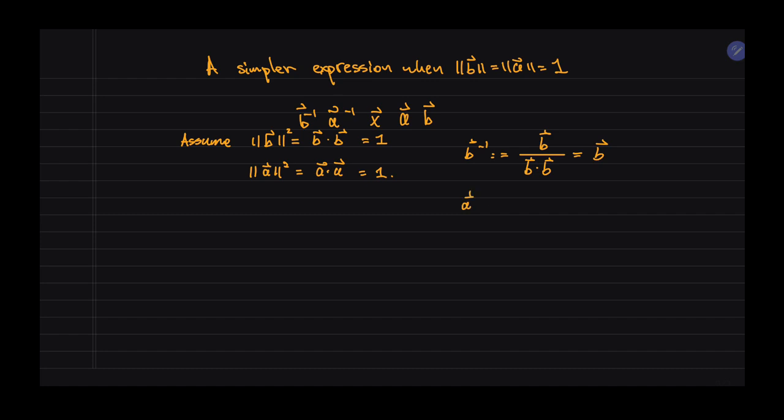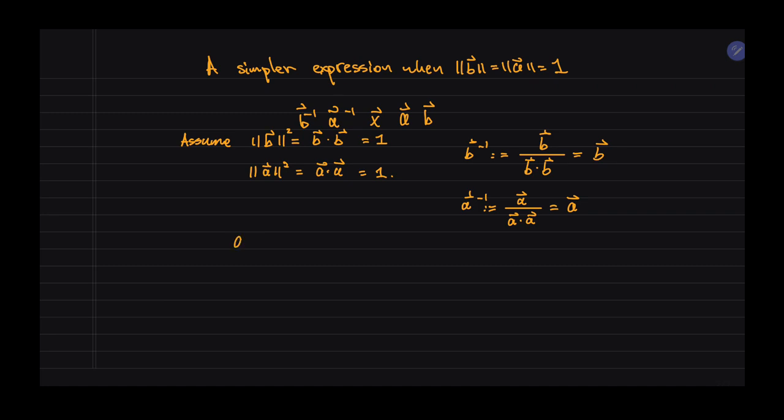And also a inverse is defined as a over a dot a. Because a dot a is just 1, since we assume the length is 1, it would just be a. So since we are working with unit length now, x is not unit length. x can be a different length and point in a different direction, but a and b have length 1.